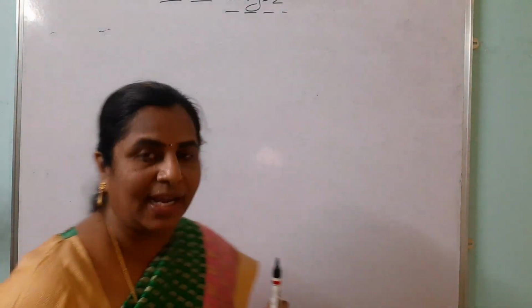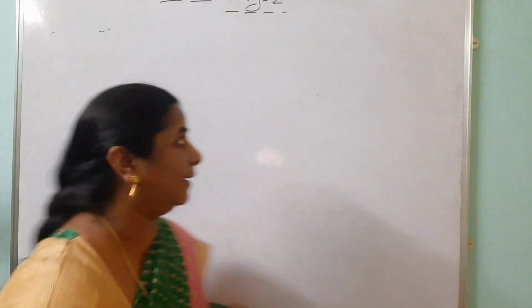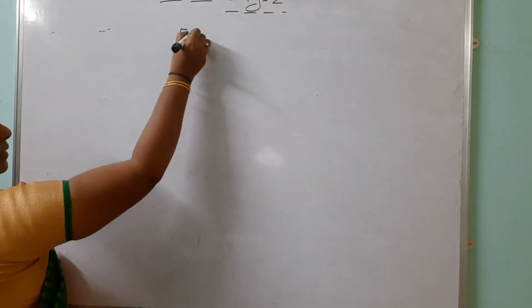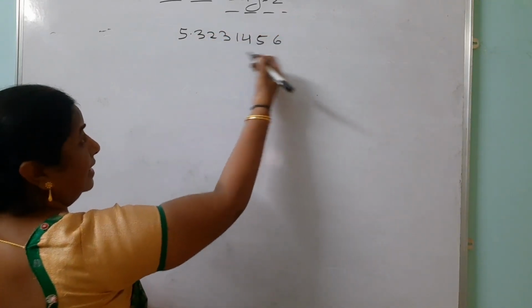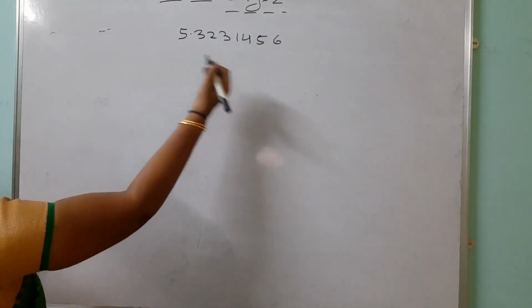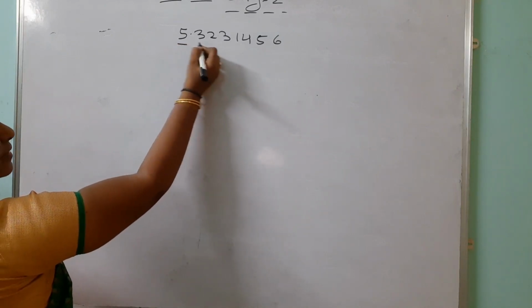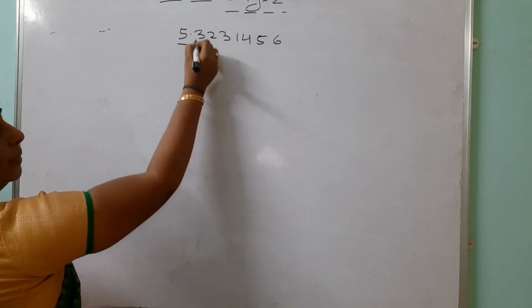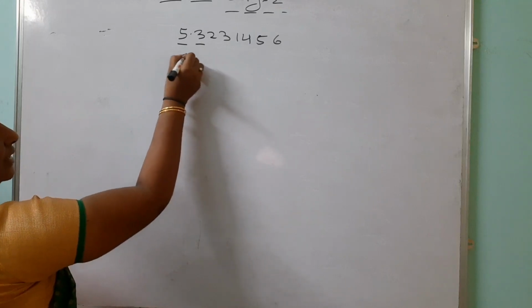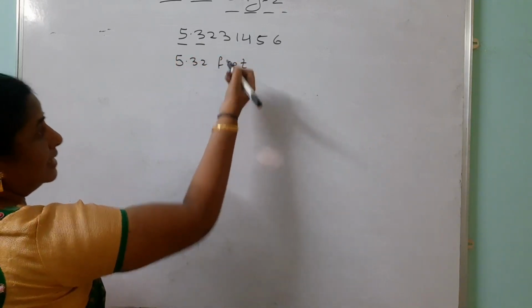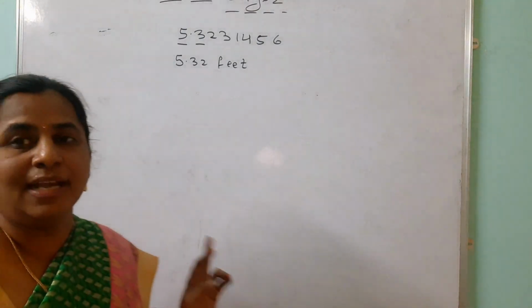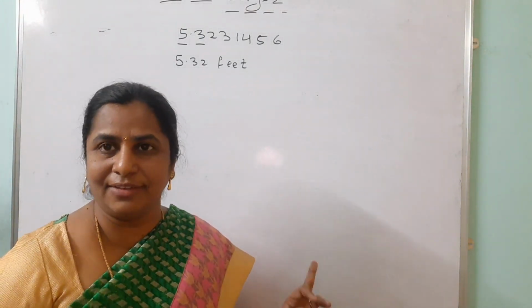Suppose your height is 5.32341456, like this. It's very difficult. So here, what are the reliable digits? This one is reliable, plus one uncertain digit. So we can take it as 5.32 feet. This is called the significant figures, and this is the importance of the significant figure.